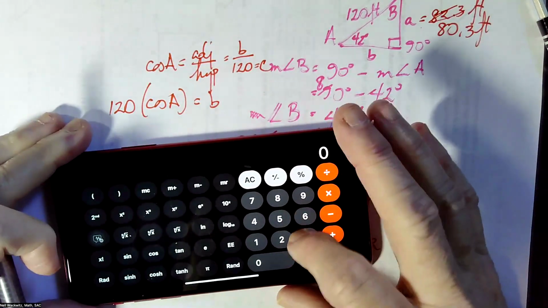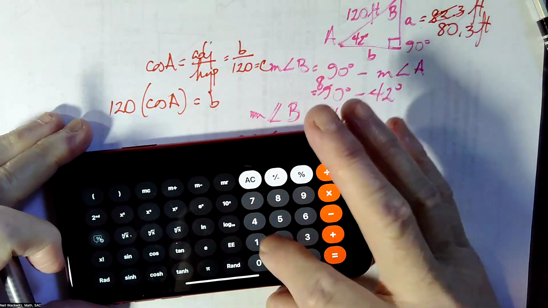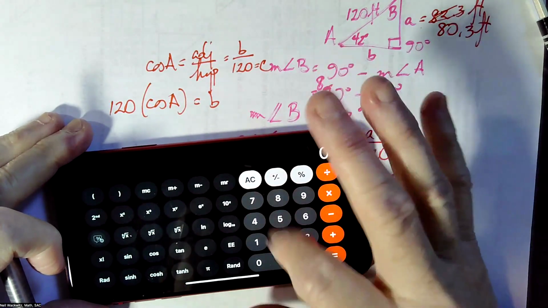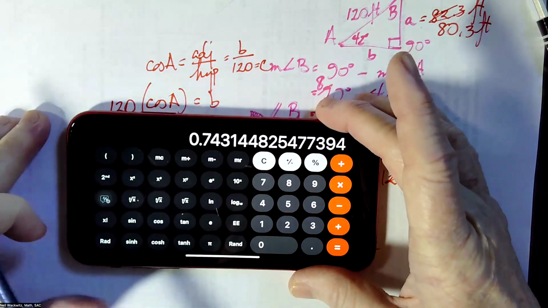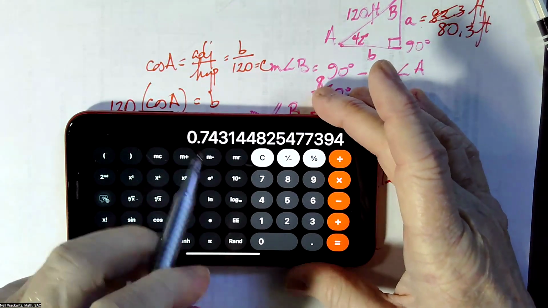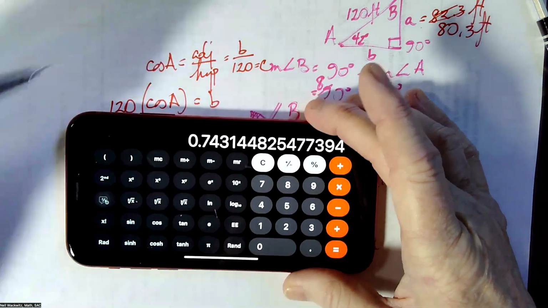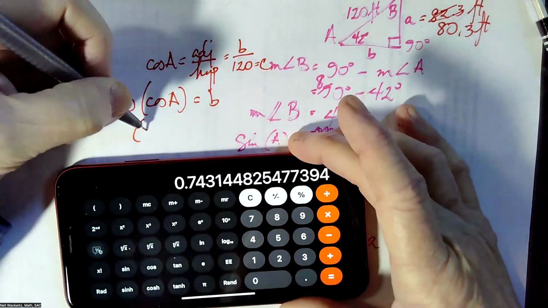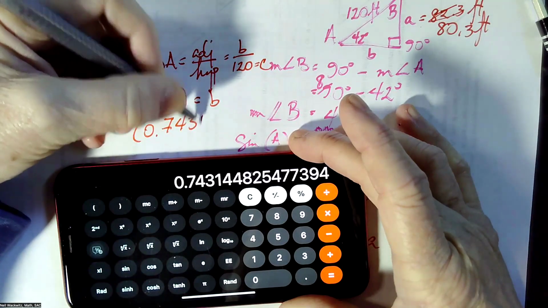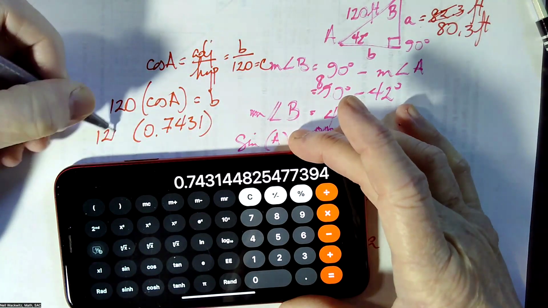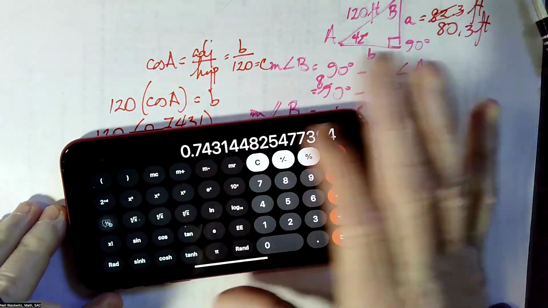And so let's do 42, and I don't have the radian thing shown. Cosine, I get 0.74314. So I'm going to put in 0.7431. And I'm not going to leave this number.